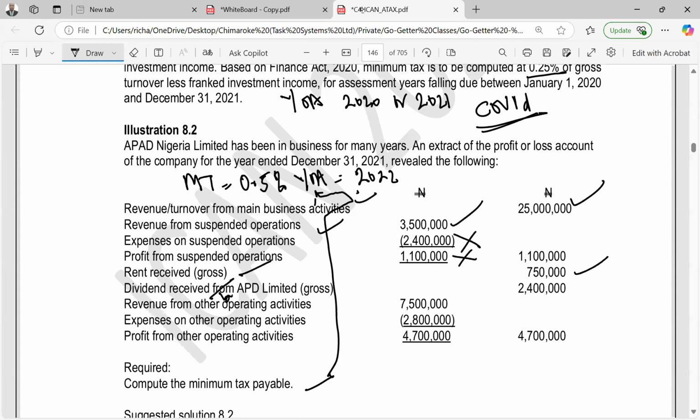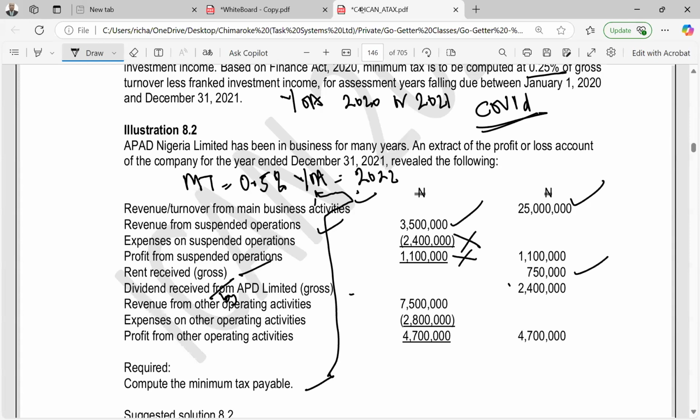That's what they intend to say: dividend received by LPD Limited. That's why it is a revenue. If it is from, it's going to be an expense.